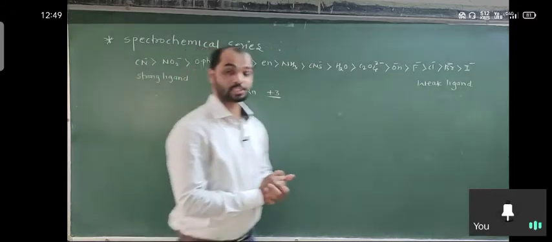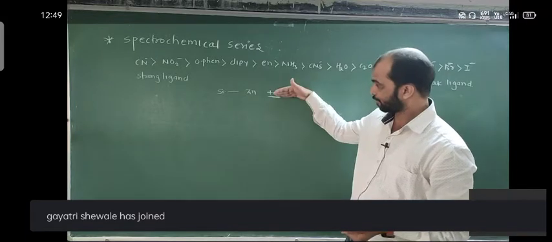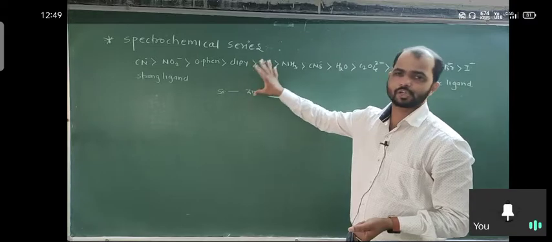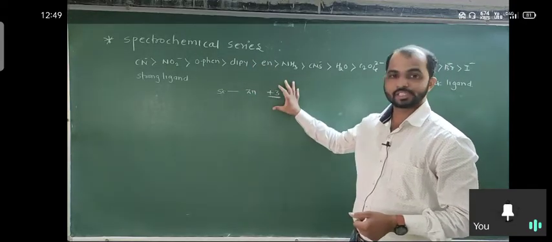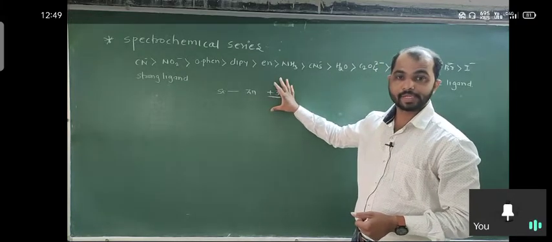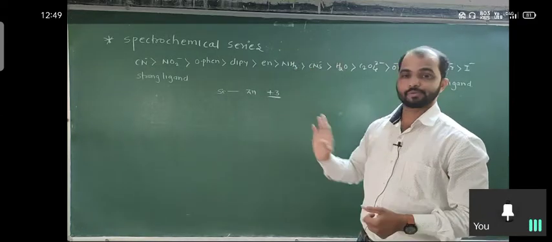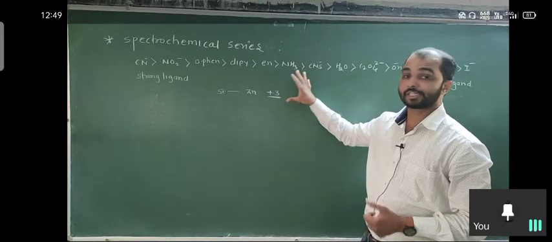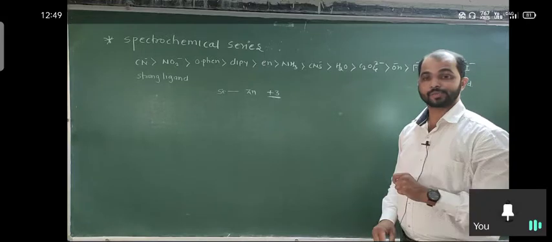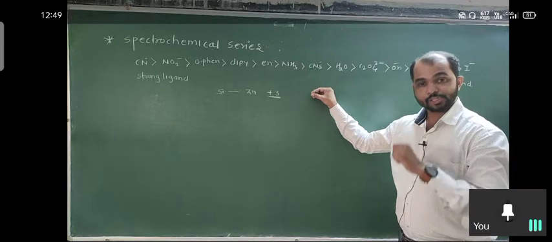So in oxidation states other than plus 3, if we apply this series, it is not applicable, because if oxidation states are unusual, the metal ion behaves differently. At that time the influence of the ligand is minimized, meaning the spectral information or absorption band does not depend 100 percent on the nature of the ligand. It also depends on the oxidation state, on the position of the metal ion, and on the charge and size ratio of the metal.